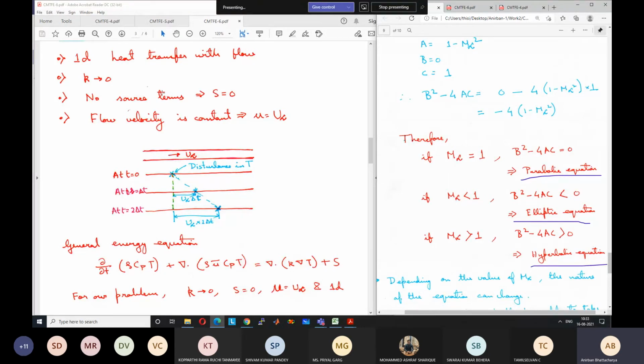So if the entire fluid was at temperature 300 Kelvin initially, and now I have made this point equal to 600 Kelvin, after time t, which region will get affected by this change, if the flow velocity is u infinity?